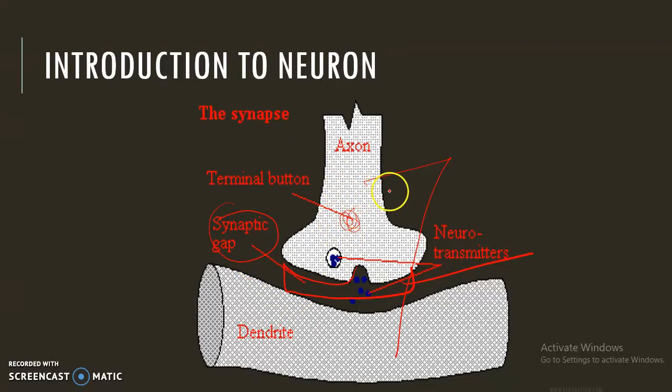Now what is happening when the data is being transferred? Basically, from the synaptic gap to the dendrite, a neurotransmitter is released. This neurotransmitter is sent from the synaptic gap to the dendrite, and that's how the data is transferred from one nerve cell to another nerve cell, and then to another.